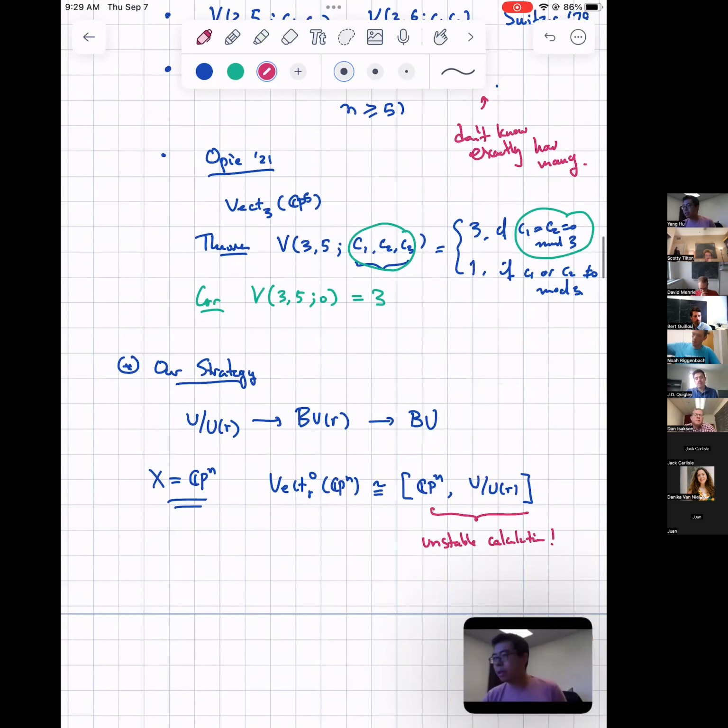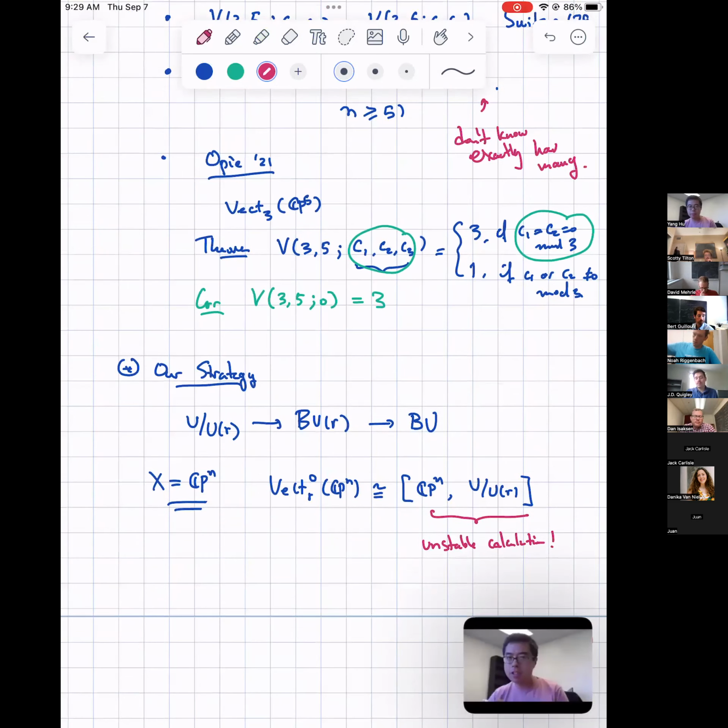So in principle, we need to make a computation here and record the cardinality of it, and that will give the enumeration. However, this is an unstable calculation, which is hard in general because the standard tools in stable homotopy theory, for example, Adams spectral sequence or Atiyah-Hirzebruch spectral sequence, are not available for those kinds of unstable calculations.